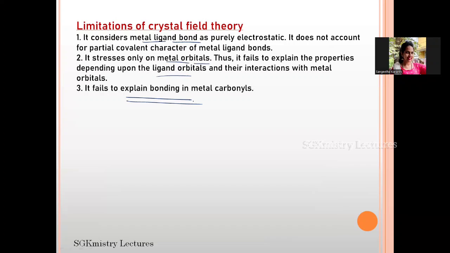So about all these things we'll be learning in the further lectures. So for now, I think it is understood what the limitations of this particular theory are, and also how it explained the geometry in case of octahedral, tetrahedral, as well as square planar complexes, how the splitting occurs as well as how the electrons are distributed.